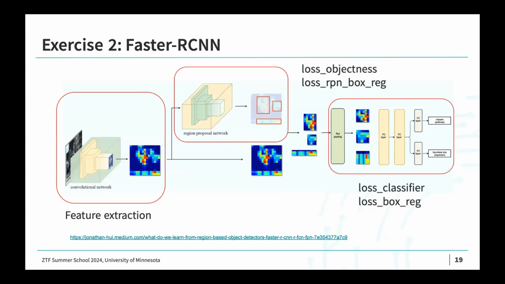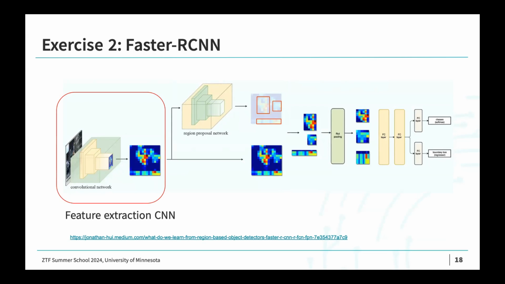Okay, and there's another notebook. We will try a region-based neural network called Faster R-CNN, which can tell us not only whether there is an echo in the image, but also locate the exact bounding boxes around the echoes.